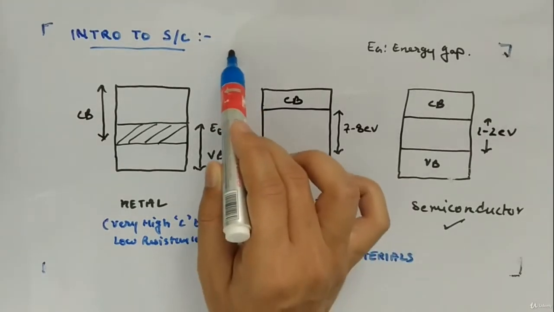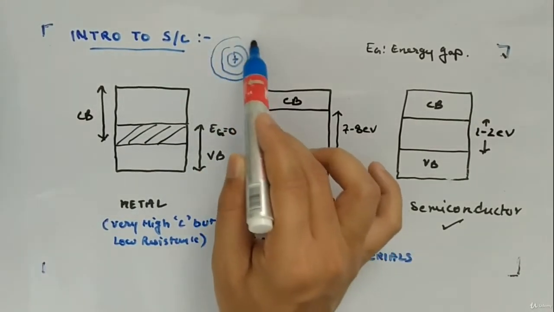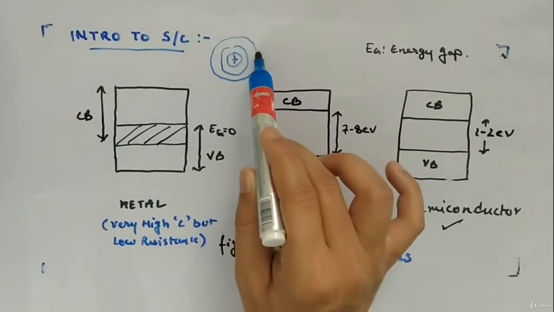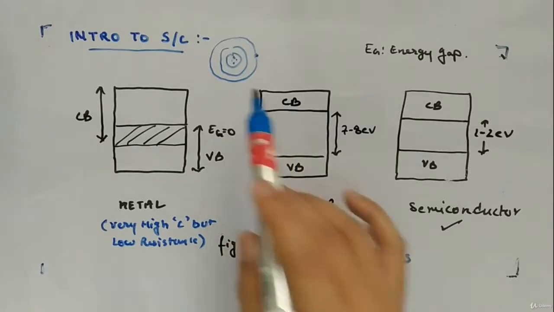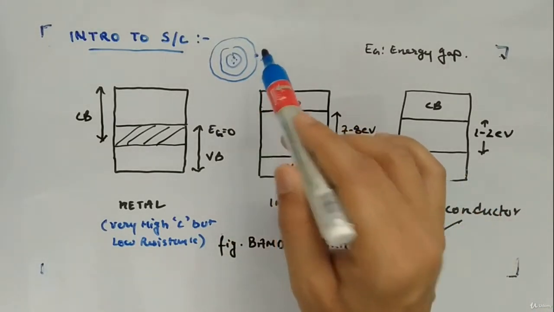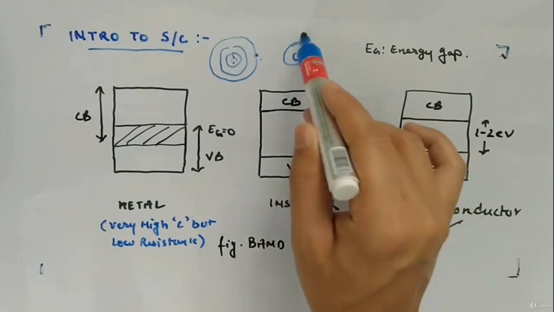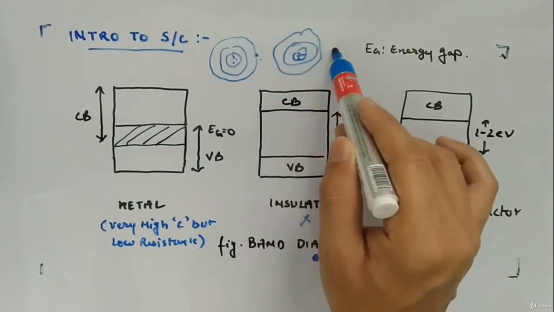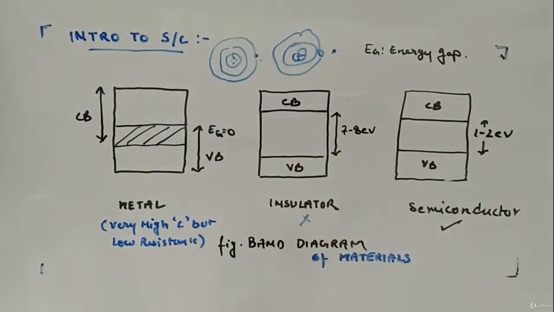You have the nucleus, and then you have the orbits where the electrons reside. The electron resides somewhere here and the positive charge is here. Once you apply energy, this electron will eject out, leaving a hole here. That's how you can imagine it.